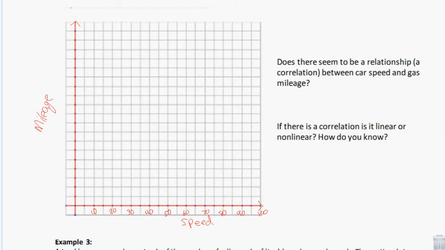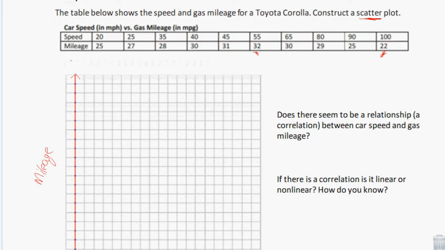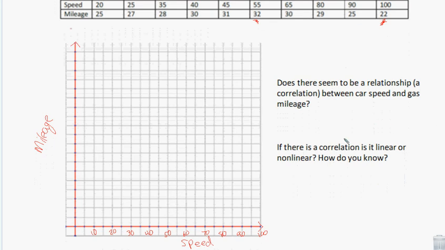Now when we do our y-axis, I notice that the lowest number is a 22, while the highest number is a 32. Those numbers are pretty close together. So when numbers are close together and they don't go all the way to 0, you can do something that's called putting a break in your line.